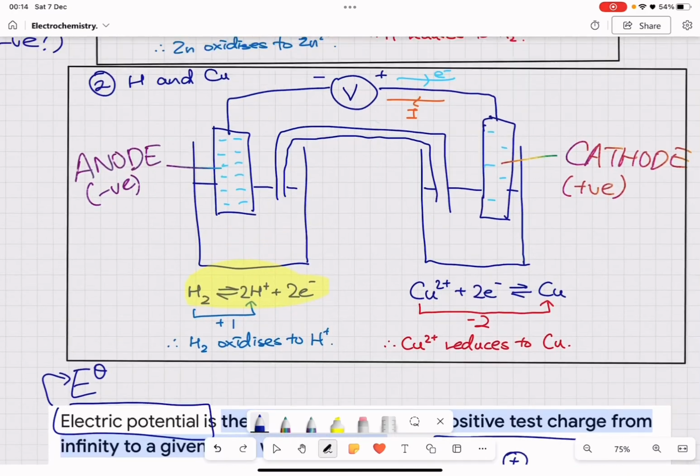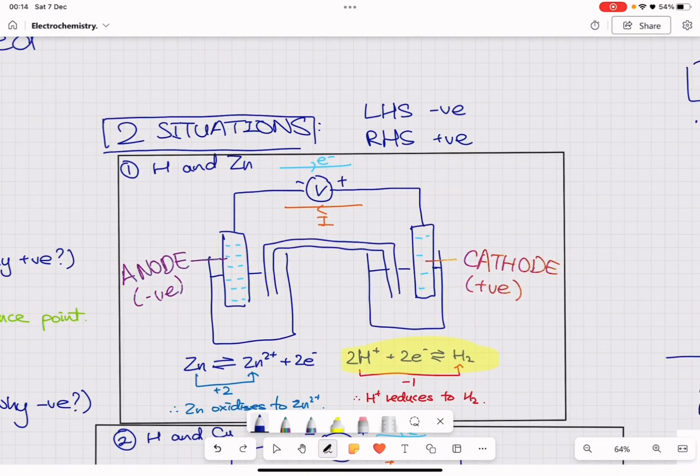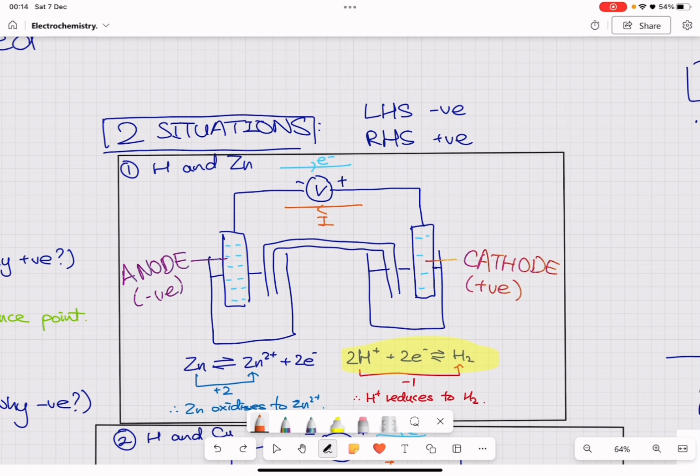Bring back to our two examples over here. For the first one, you see the positive test charges, or just call them the protons, are traveling from the cathode, which is the hydrogen electrode, to the zinc electrode.